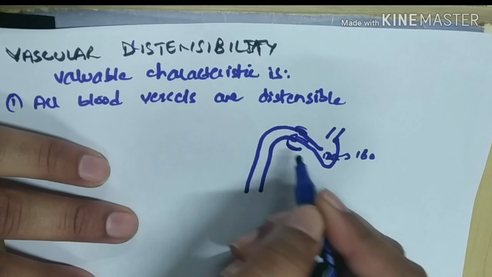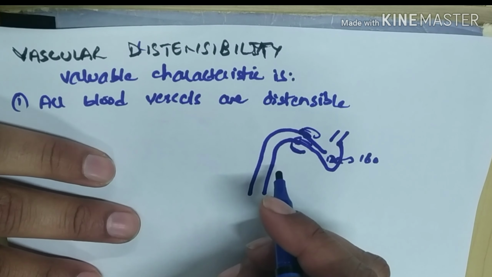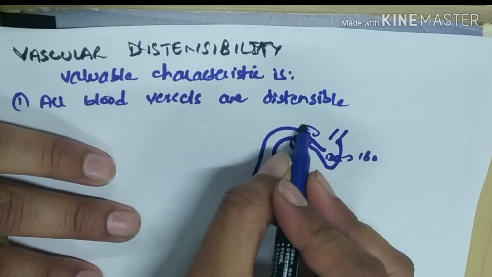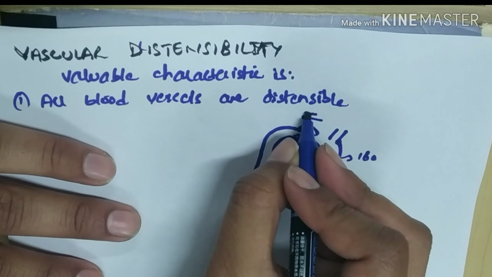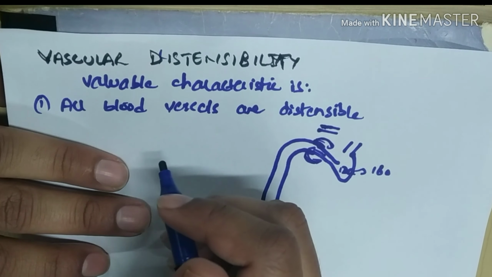So this stretching of the blood vessel is called distensibility, whereas in some conditions it has to compress. In this condition it's expanding, whereas in some conditions it compresses. So this is how distensibility works.